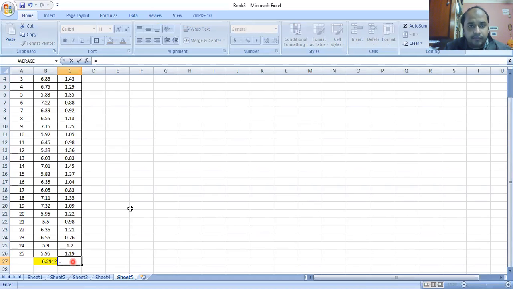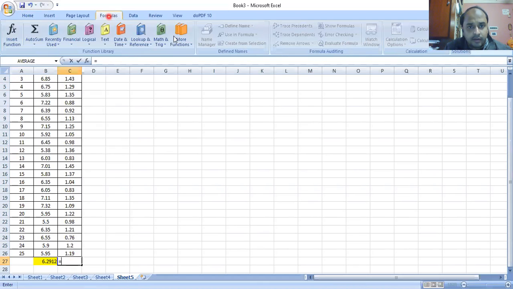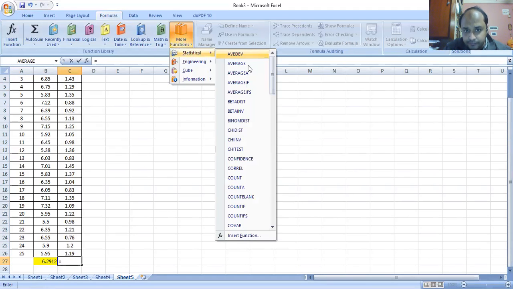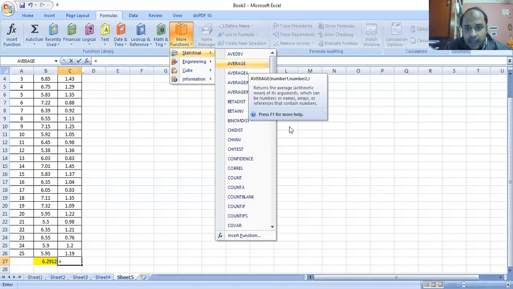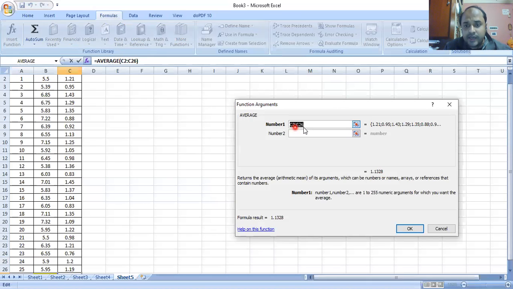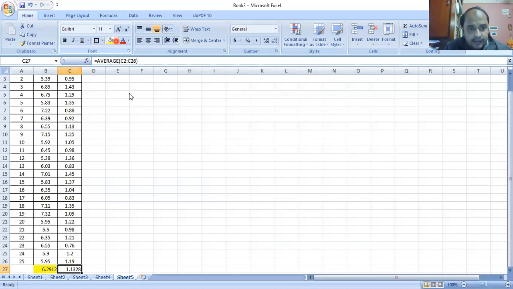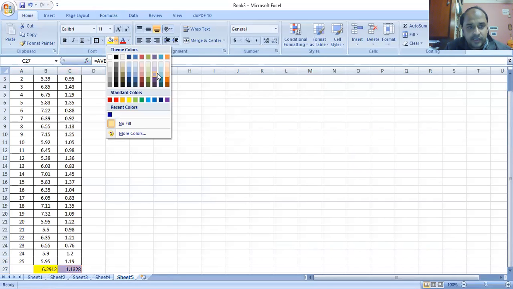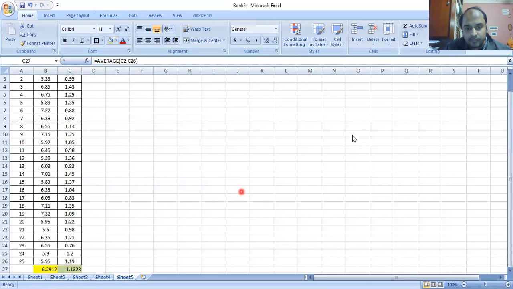Then I go to the formula section, choose more functions, statistical, and average is selected. Then you see, I'm considering the cells C2 to C26. This is the formula, C2 to C26. And the average is 1.1328. So I am clicking on it, and that result is reflected in this cell, you see. Okay.